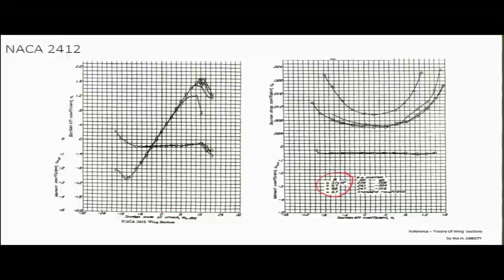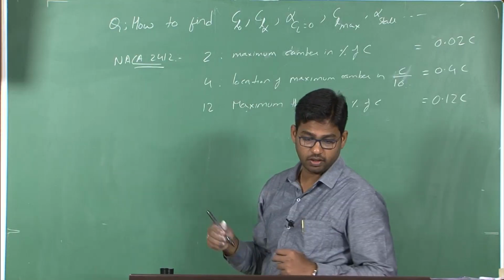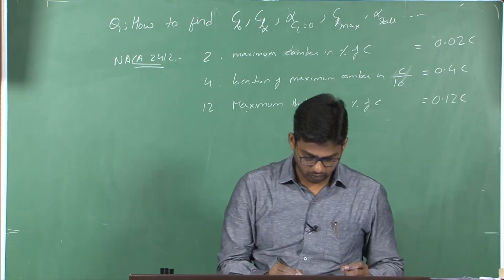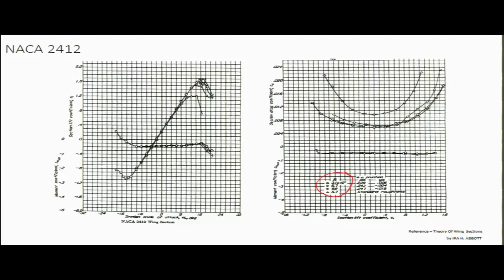Now what is CL naught? CL at which alpha is 0. Let us look at the angle of attack, so this is your 0 angle of attack, you can see here. Now let us take the corresponding value of CL, that should be your CL naught. The y axis represents the section lift coefficient CL, right?